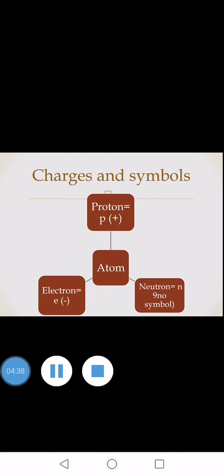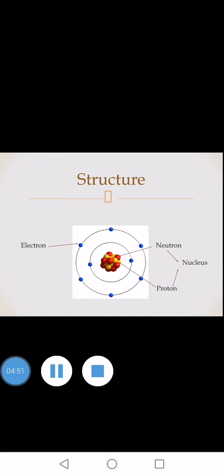Here are the charges and symbols. Proton is represented by small p and its charge is positive, electron is represented by e and its charge is minus, and neutron is represented by small n and has no charge.